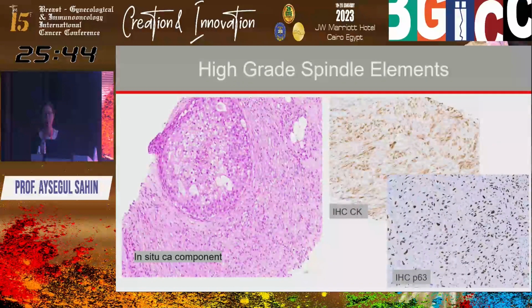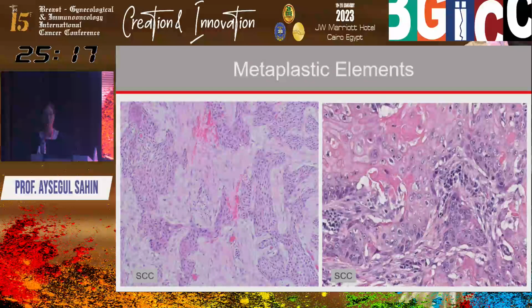Obviously, if you can see in situ carcinoma component, it's also a good clue that it's a carcinoma, not sarcoma. And immunohistochemical staining P63 can be positive, but it is very important to recognize that the phyllodes tumors can also be P63 positive. So markers are important, but we really need to know the pitfalls of each marker.